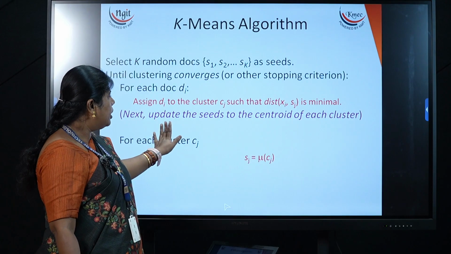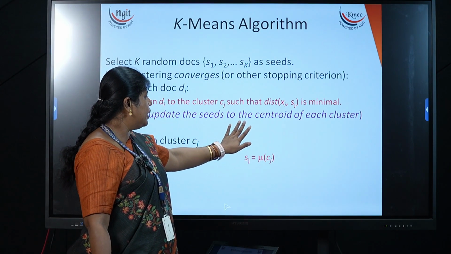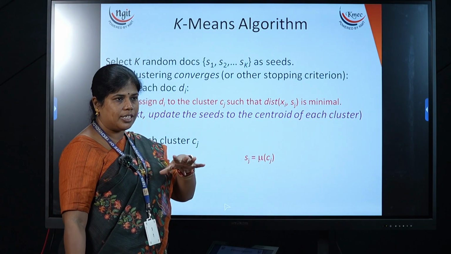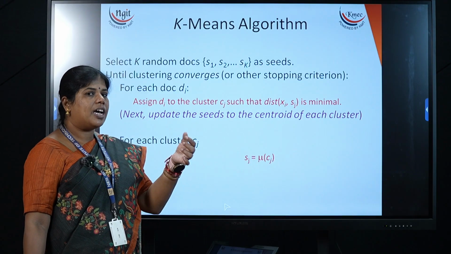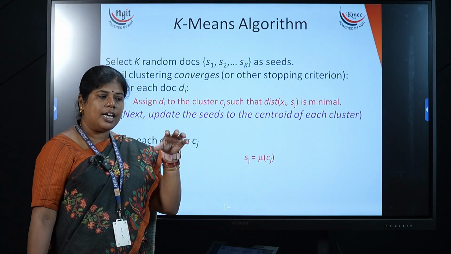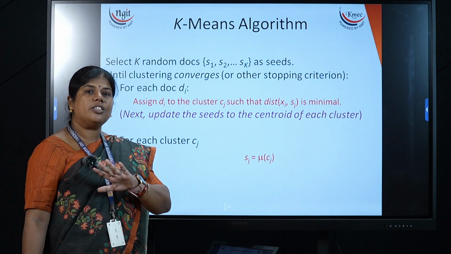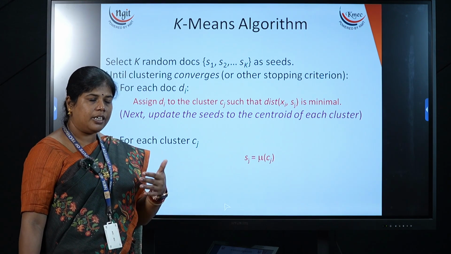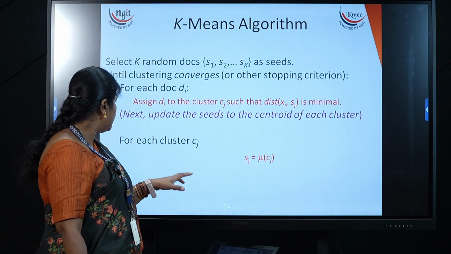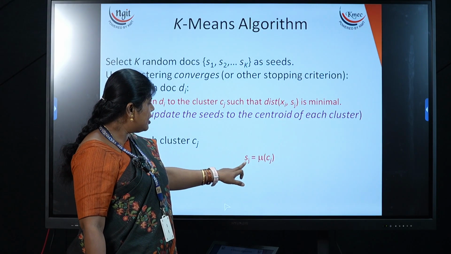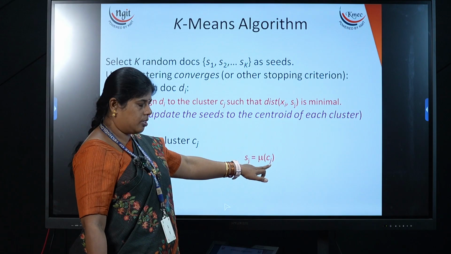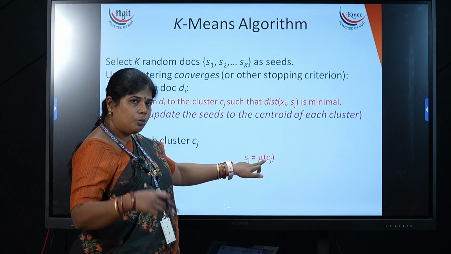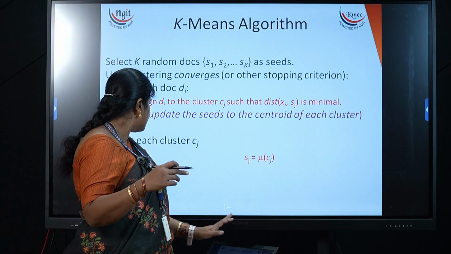Next, the seed is updated as the centroid of each cluster. Whatever seed I select randomly as the center point of the cluster is not the final one. It should be updated, and when it is updated, it becomes the centroid of that cluster. So the seed Sj is the mean, mu, of the cluster Cj.